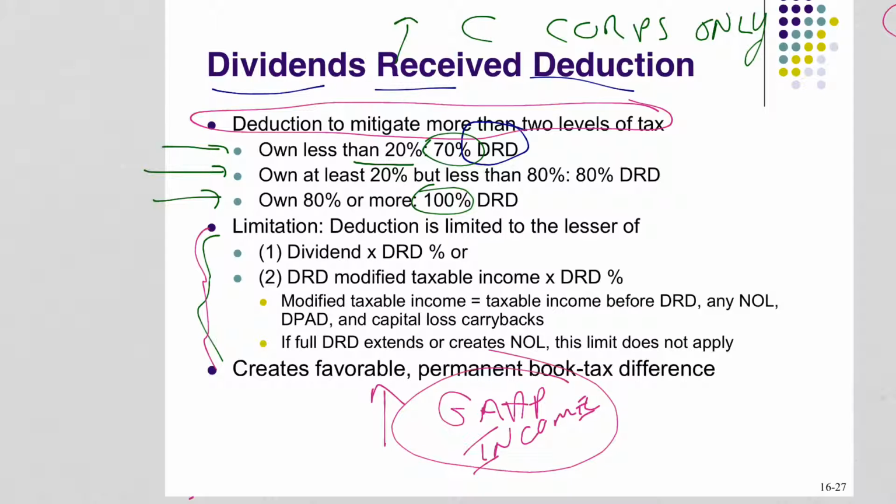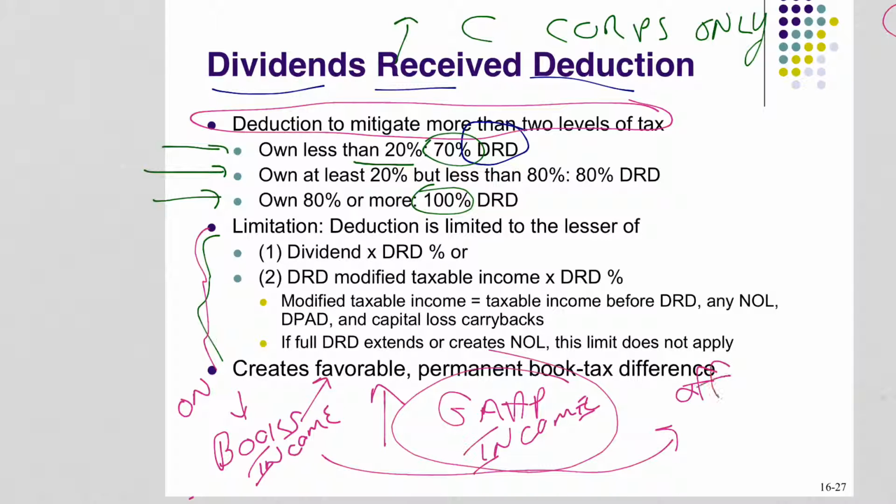But here you see there's a total exception for tax purposes. And when they say favorable, it means that on the books it's being recognized as income, but not on the tax return. That's why it's favorable. So it's on the books and off the tax return.